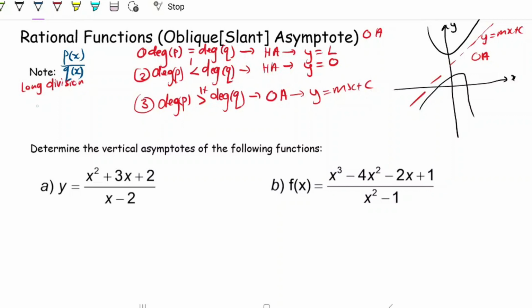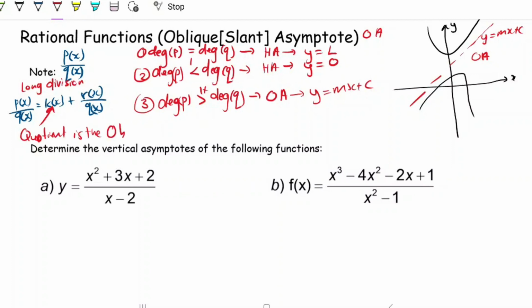When we divide P, the numerator, by Q, we end up with a term kx plus the remainder over q of x. So essentially, the quotient that you get is the oblique asymptote.